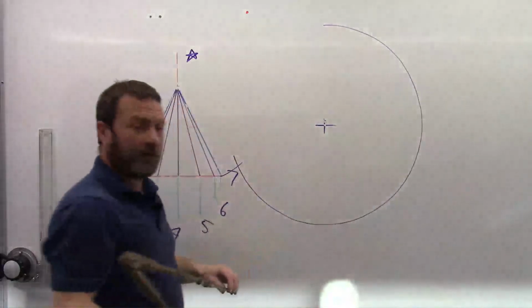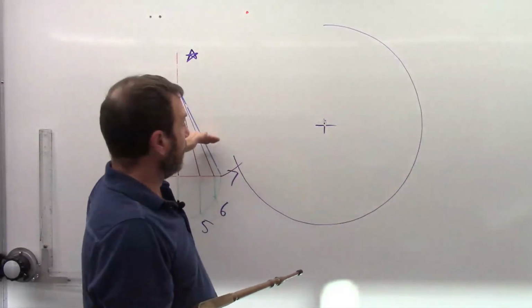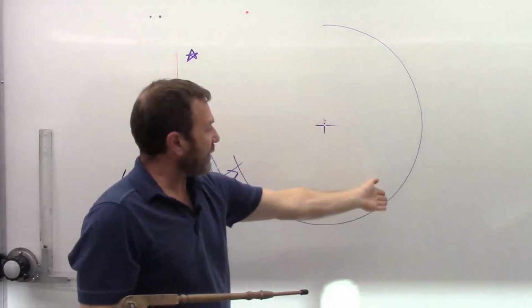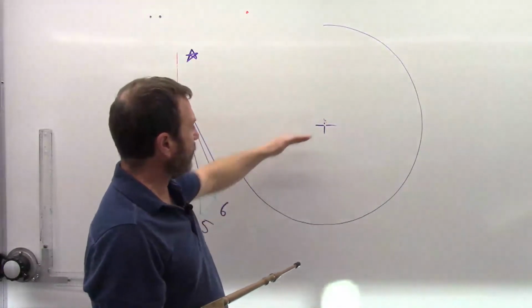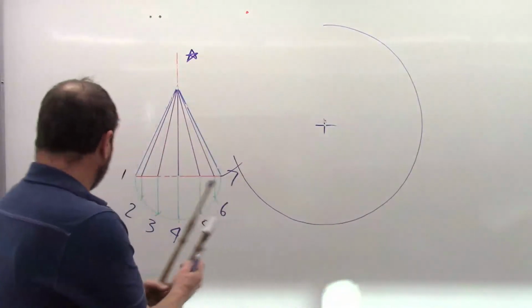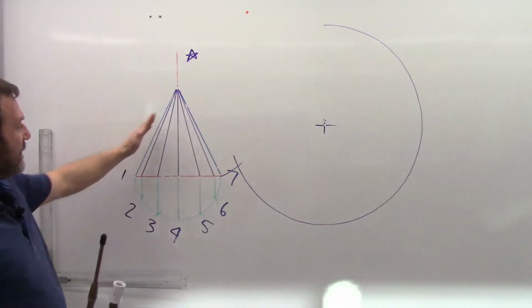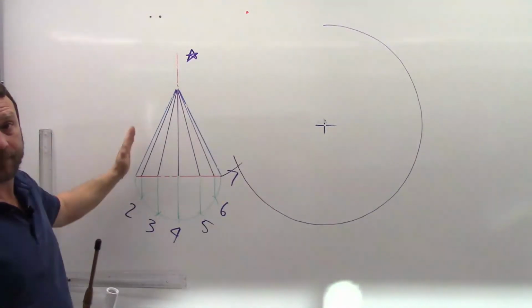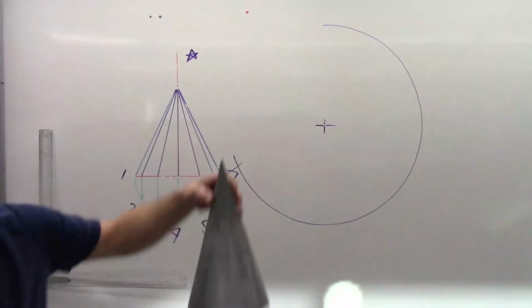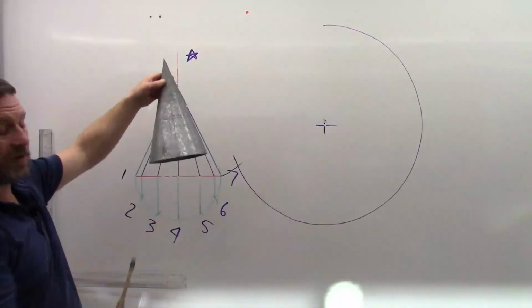Now I don't know at this point how much of that arc I need. I don't know if the pattern is maybe half or close to half a circle. I don't know if it's almost a full circle. But what we can judge that off, or give ourselves a ballpark, is how steep the cone is. One like our sample that's much taller in comparison to the base is going to be a really small pattern.